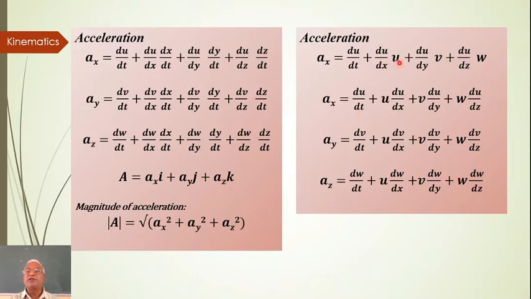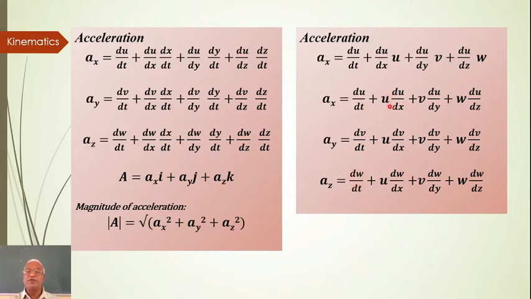Only thing is, instead of putting it that side, if I put it before, it reads like ax is du by dt plus u into du by dx plus v into du by dy plus w into du by dz. So ax, ay, az components will have du by dt, dv by dt, dw by dt as the first terms.